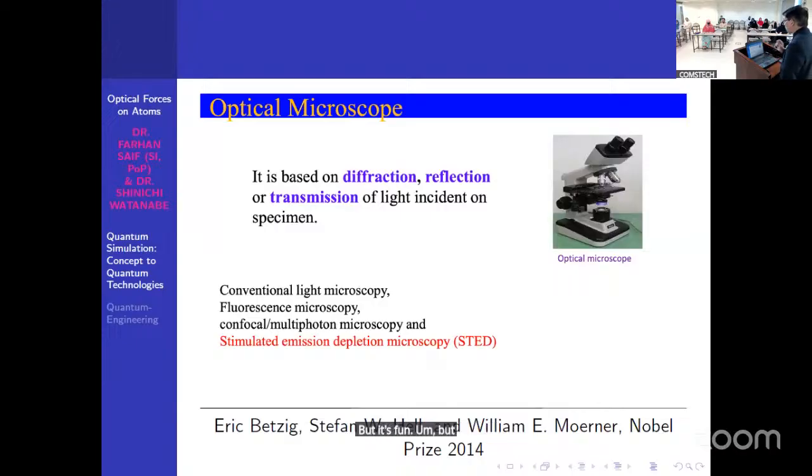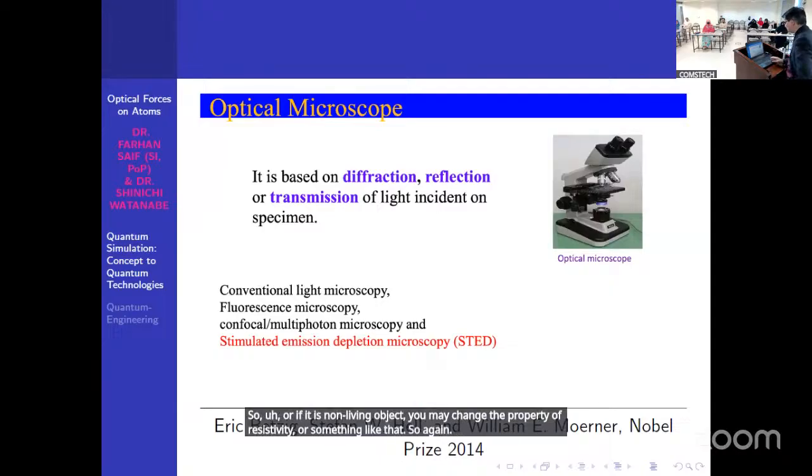But the cost is that once you use methods to improve the resolution in optical microscopes, you heat up the sample. If it is a living object, it may be killed, or if it is a non-living object, you may change a property like resistivity. So again, there is a cost.